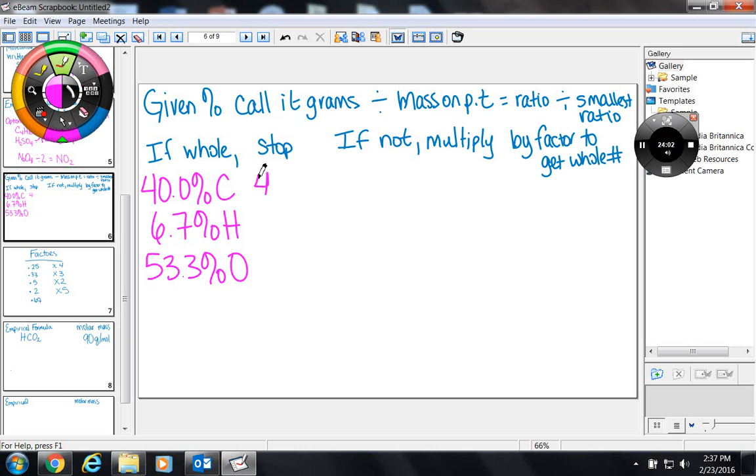So I'm going to say 40 divided by 12.01. You get 3.31, or 3.306 actually. What's the mass of hydrogen? 1.01, right?